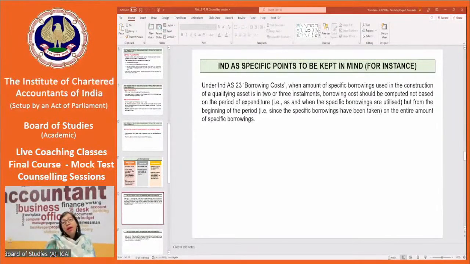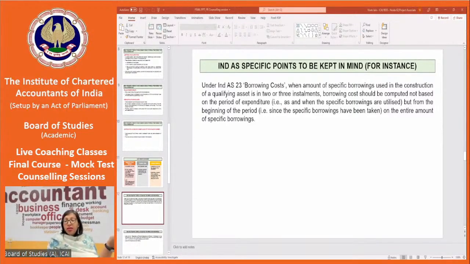That strategy you have to build, and that strategy is not a one day strategy; it is to be done beforehand. Still, you are having 10 days, 15 days time. So still you can mark out the questions which you can revise one day before examination. Also, Ravi Gohil is asking how to study big Ind ASs like Ind AS 103, Ind AS 110, Ind AS 109, Ind AS 102, Ind AS 115, and Ind AS 116.